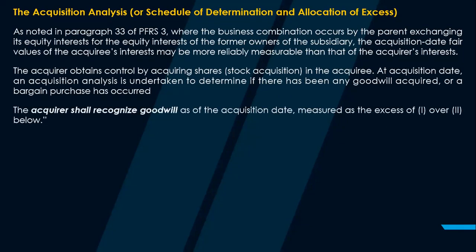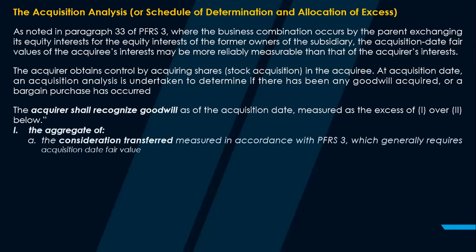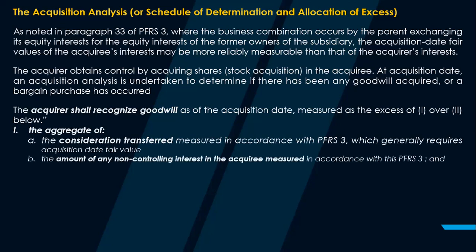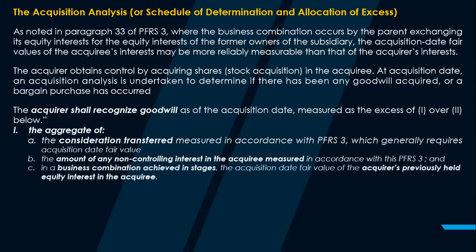The acquirer shall recognize goodwill as of the acquisition date, measured as the excess of 1 over 2 below. 1: the aggregate of the consideration transferred measured in accordance with PFRS 3, which generally requires acquisition date fair value, the amount of any non-controlling interest in the acquiree measured in accordance with PFRS 3, and in a business combination achieved in stages, the acquisition date fair value of the acquirer's previously held equity interest in the acquiree.